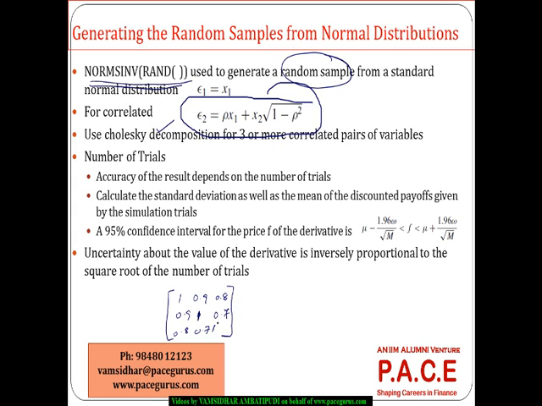Let's say this is a correlation matrix. Now what I typically do is split it. The Cholesky decomposition says you split it into an upper triangle and a lower triangle matrix.